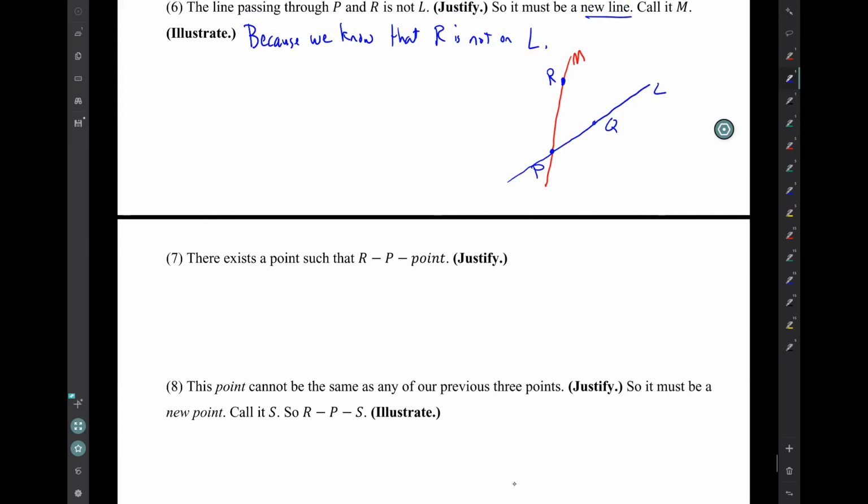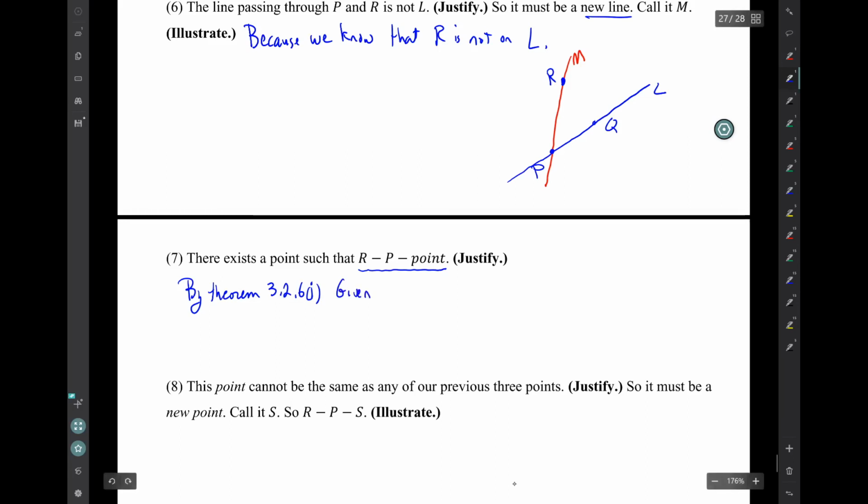Statement 7 says, there exists a point such that P is between R and that point. So how can we justify that? Well, this is by theorem 3.2.6i. Now, how do we use that? Well, I didn't put theorem 3.2.6 at the start of this video for review, so I'm going to have to put that here in my justification.